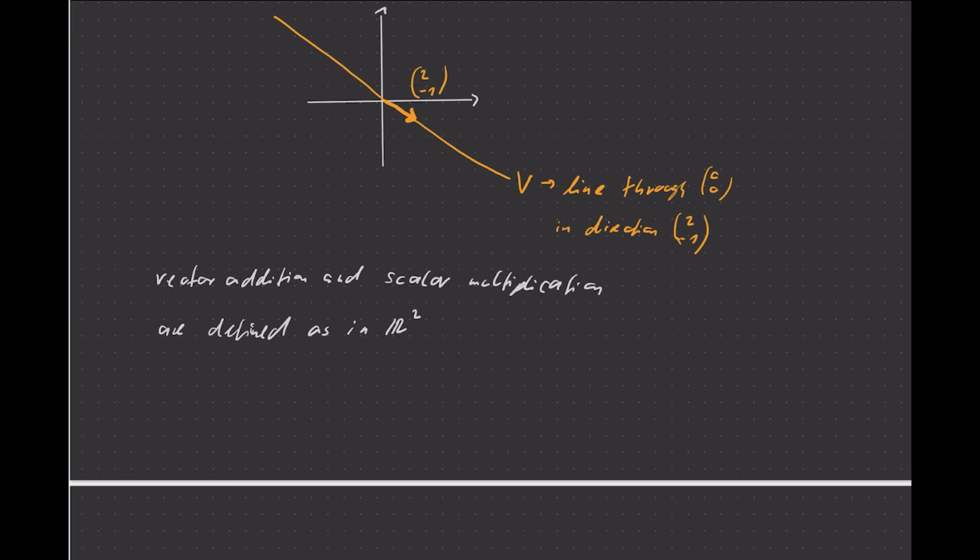And that means those operations already inherit all the properties from R^2. And we know that R^2 is a vector space. So of course, those operations will have the desired properties, right? So the desired properties are inherited from R^2.